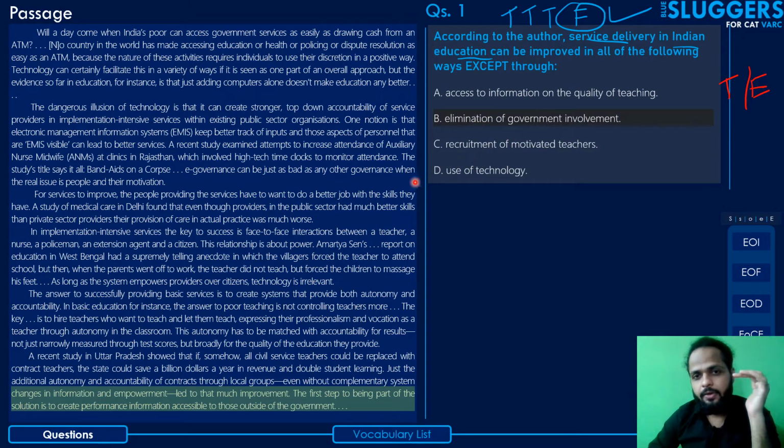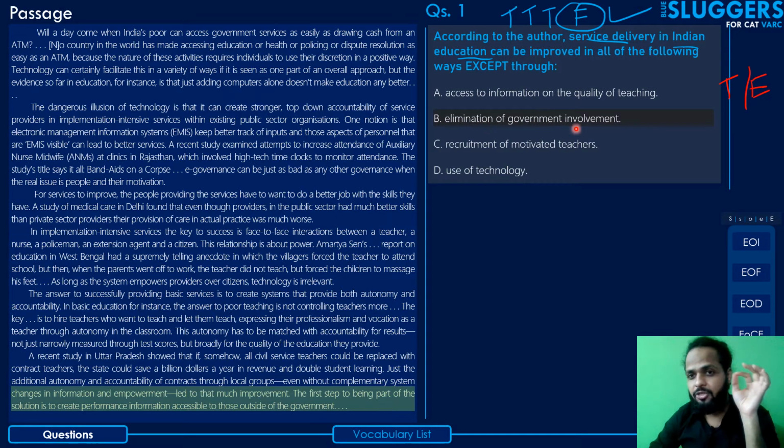All the discussion that the author has had on autonomy, on providing freedom to the service providers and allowing them some discretion in the way they want to carry out their job, is here. He says the key is to hire teachers who want to teach and let them teach, expressing their professionalism and vocation as a teacher through autonomy in the classroom. So it almost implies that you're trying to reduce government's involvement here, and this option is quite near to that.